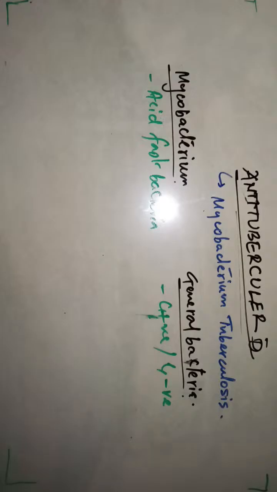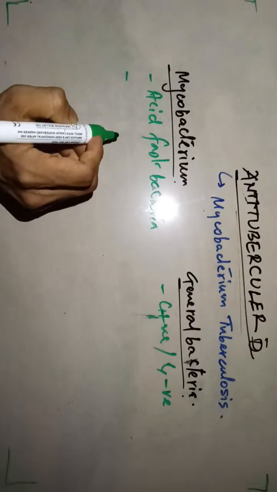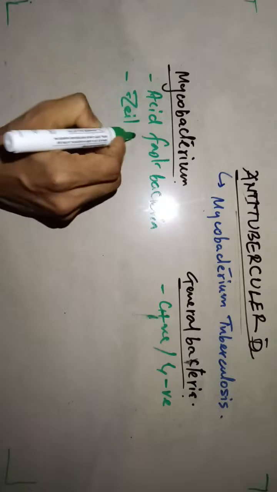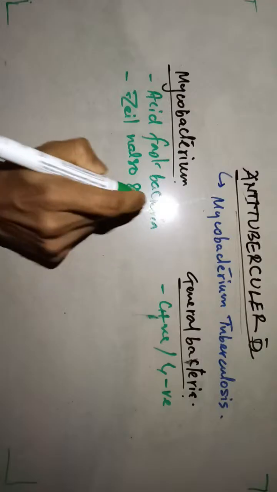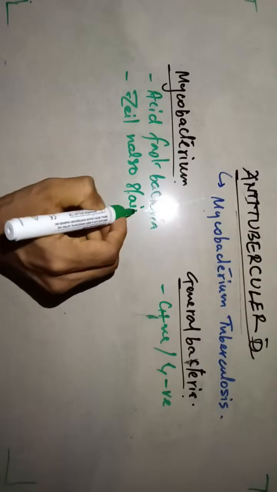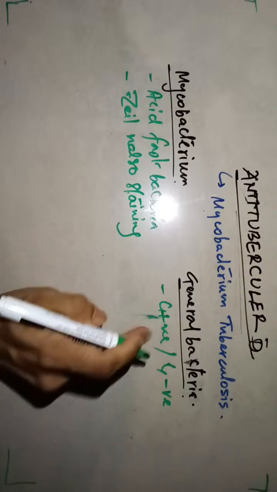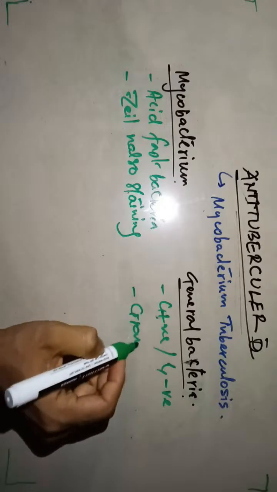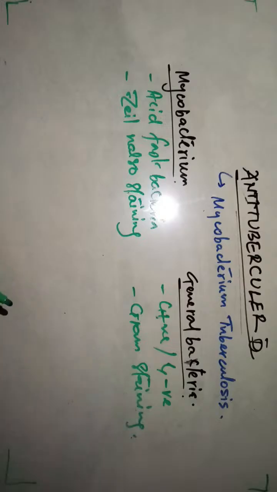Next, this Mycobacterium is stained by Ziehl-Neelsen staining, whereas normal general bacteria are stained by gram staining.